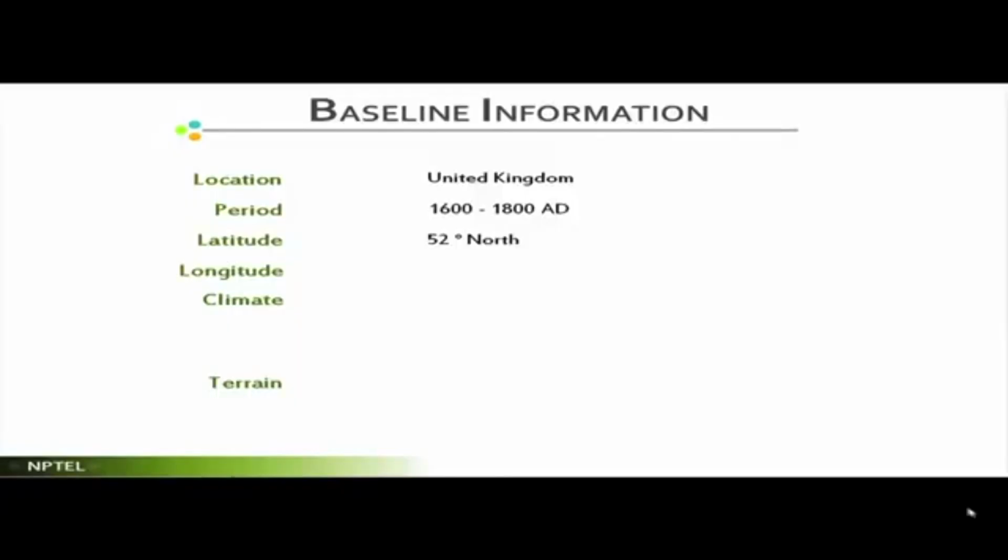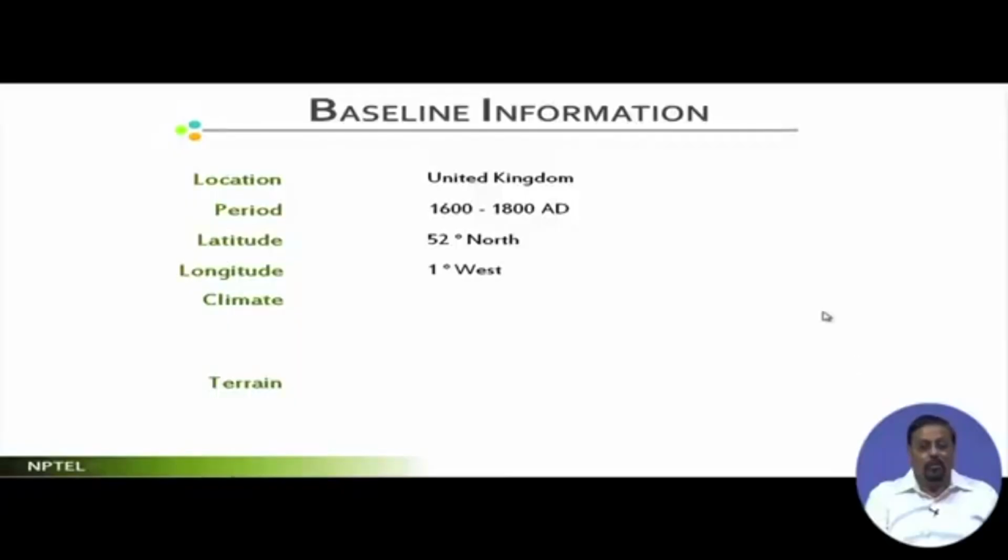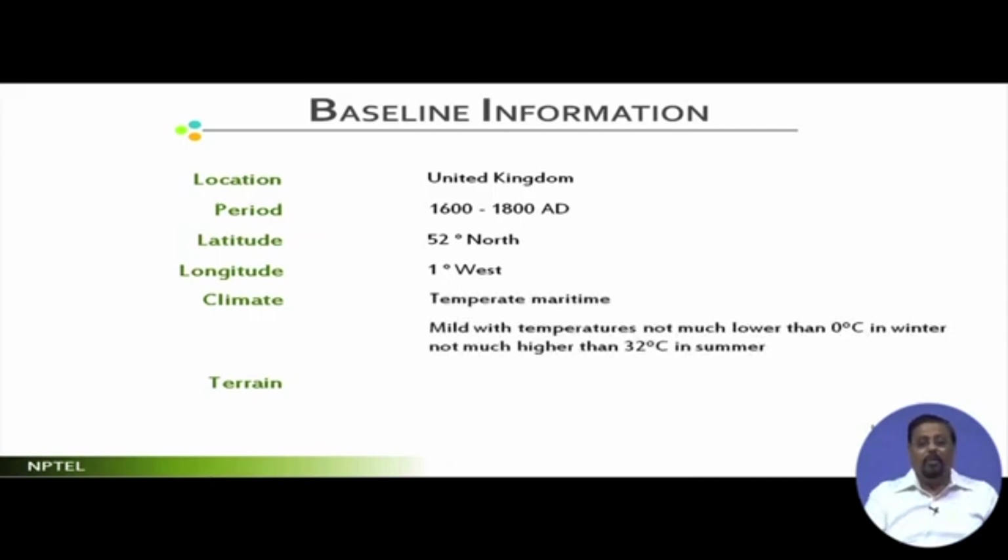Okay. The latitude is 52 degrees north, the longitude is 1 degree west, the climate is temperate maritime. I would say, compared to other continents, the UK is not a very large country. Of course, even France, where we find the French landscape style, is also not very large compared to others like Germany. However, the geographic location is such that it has created a temperate maritime climate.